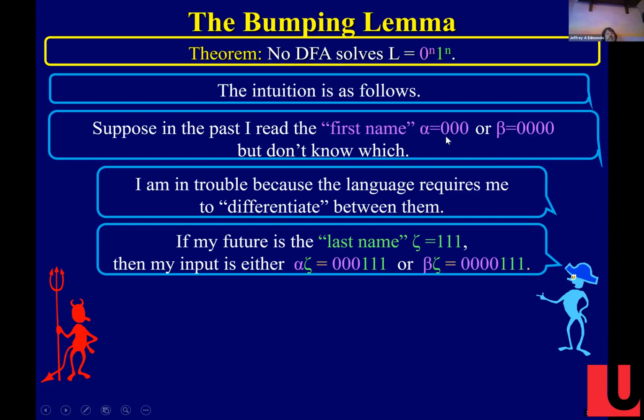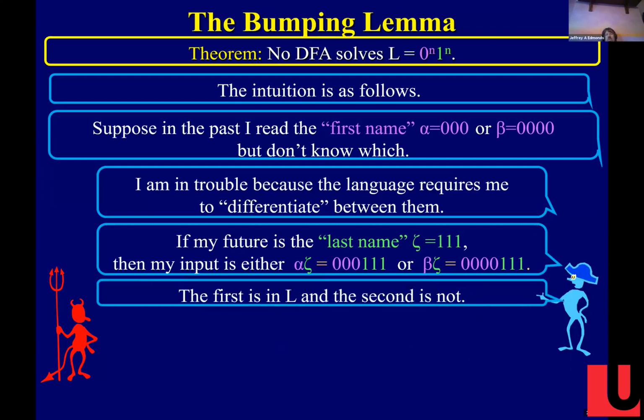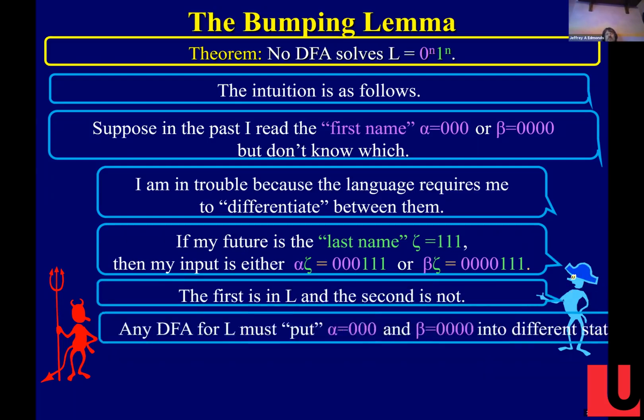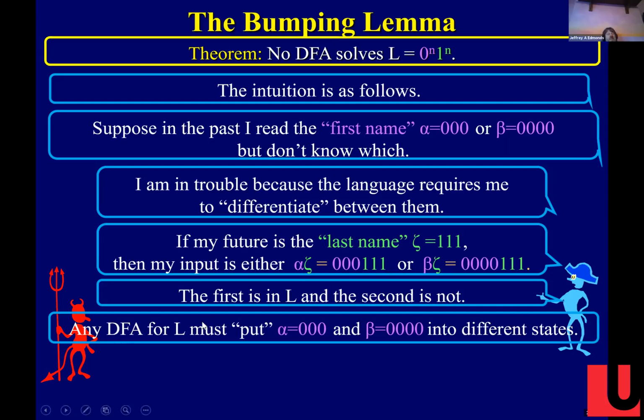So I need to be able to distinguish between 3 zeros and 4 zeros because the future requires me to know the difference. Does that make sense? So that means any DFA that solves this language must put 3 zeros and 4 zeros into different states, right?